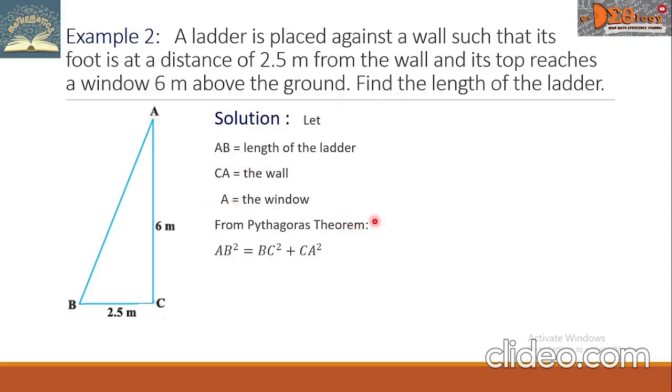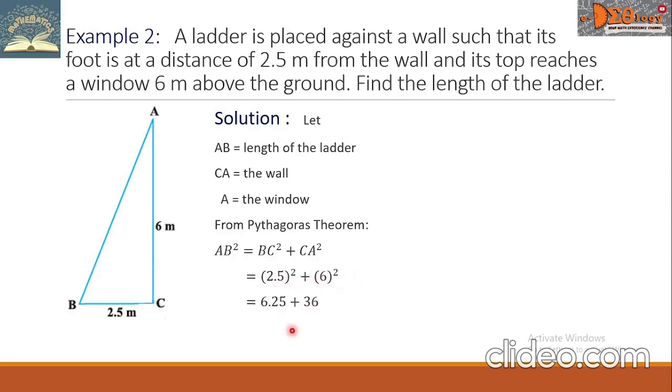From Pythagoras' theorem, we can write the square of the side AB, that is the hypotenuse, equals the square of BC plus the square of CA. Then let us substitute corresponding values. The BC is 2.5, then we square that, plus CA is 6, that we will square later.